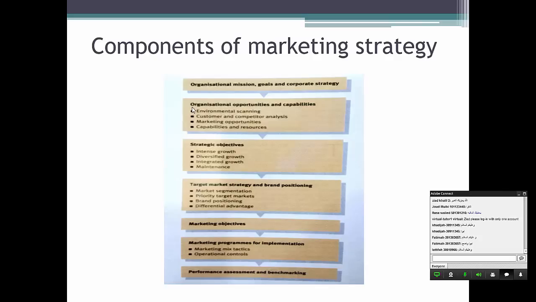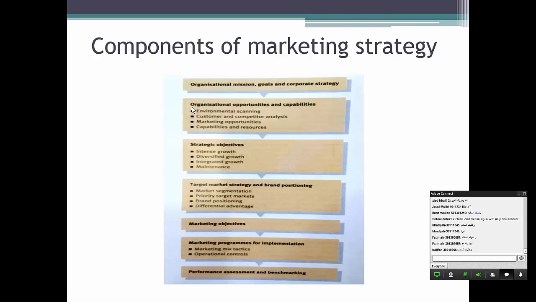If you analyze those 5 forces, then you will have a good understanding about your business. Okay, you can use these 5 forces in analyzing the environment or analyzing the customers and competitors, and also you need to define the marketing opportunities. If you have any opportunities in the market, you can try to find out those opportunities and how you can have them.